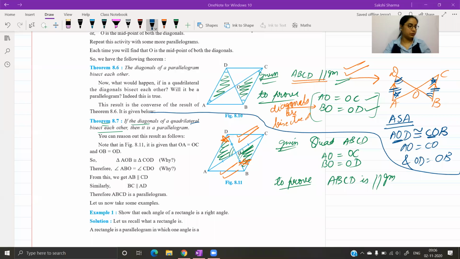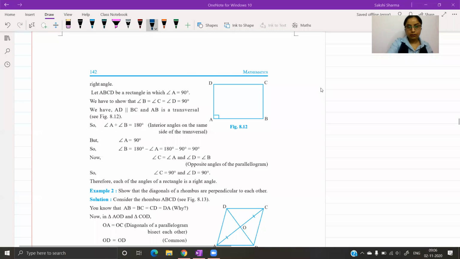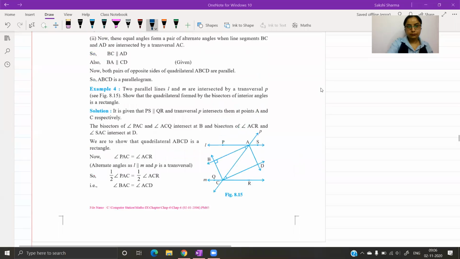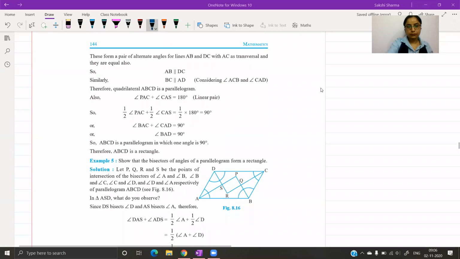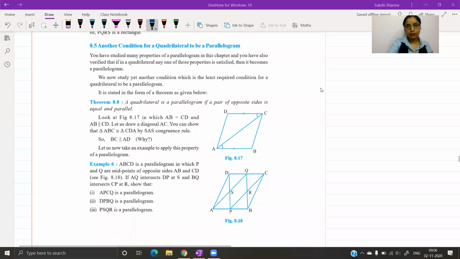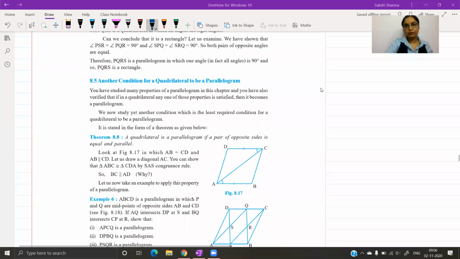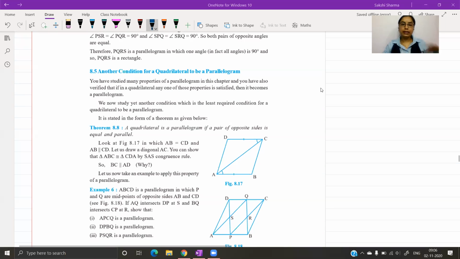Okay, after this, I think we have one more theorem, which is used repeatedly in questions. Till now, we have done 7 theorems. The first theorem was that a diagonal of a parallelogram divides the parallelogram into 2 triangles.